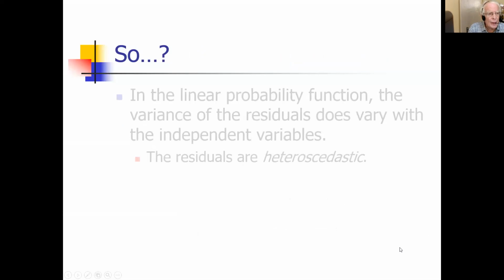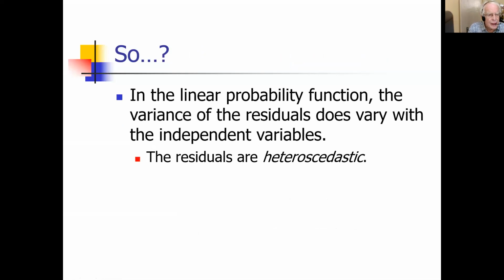Heteroscedasticity. And it turns out that in the linear probability function, heteroscedasticity is almost impossible to avoid.